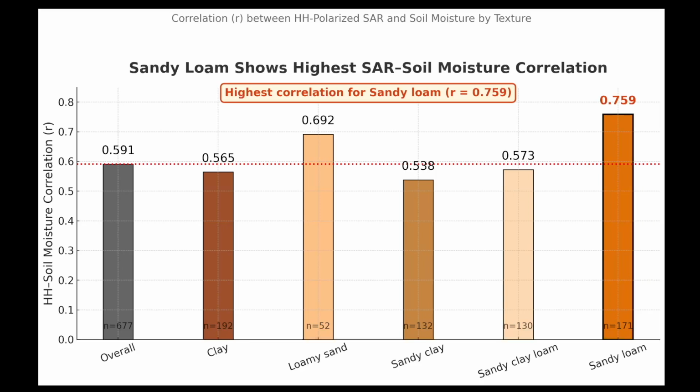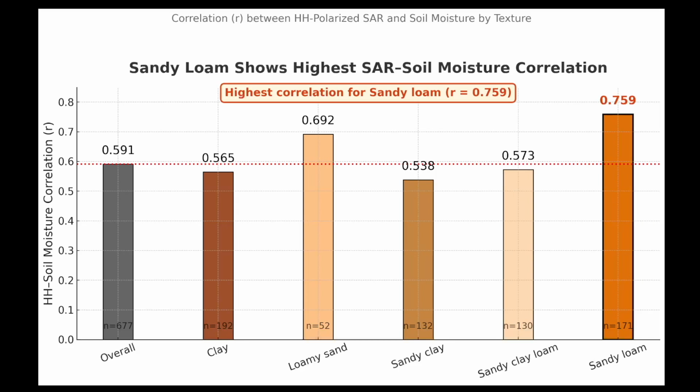Then I split this whole dataset into different soil textures based on USDA classification, and we computed the correlation separately for each texture. That's what you see in the brown bars. The red horizontal line is the correlation for the entire dataset, which is around 0.59. That's our baseline.